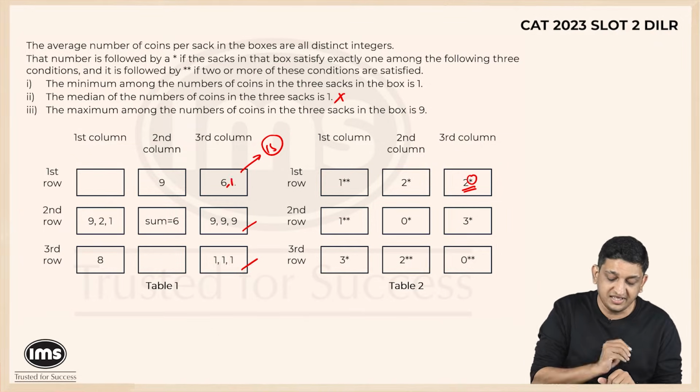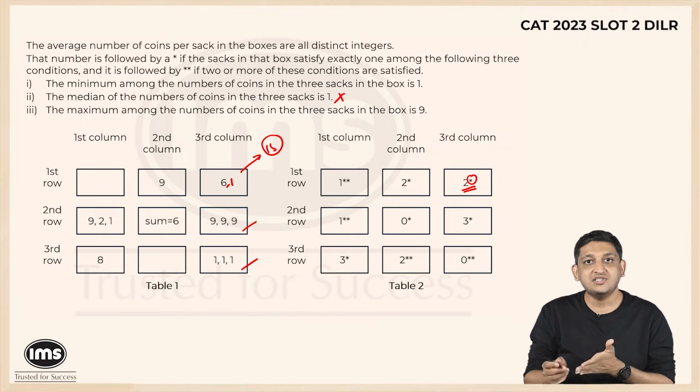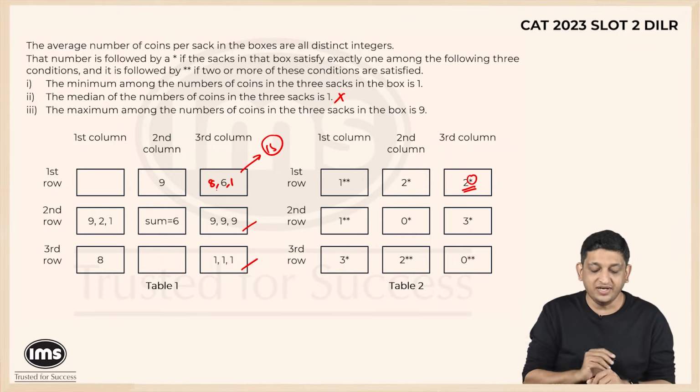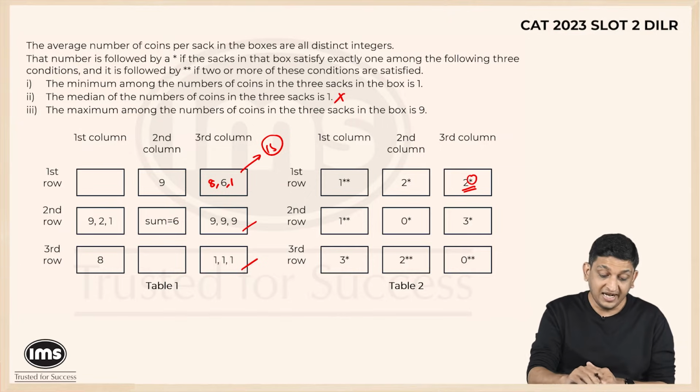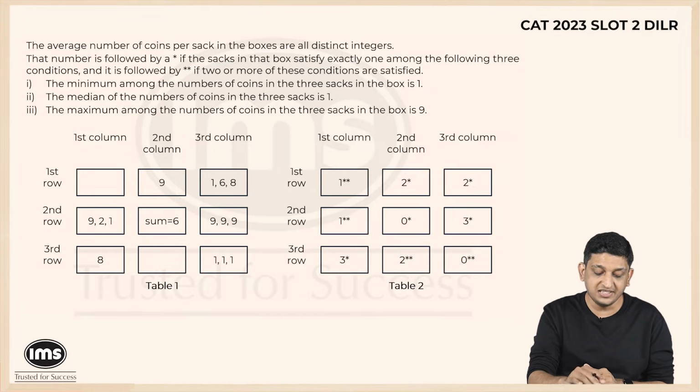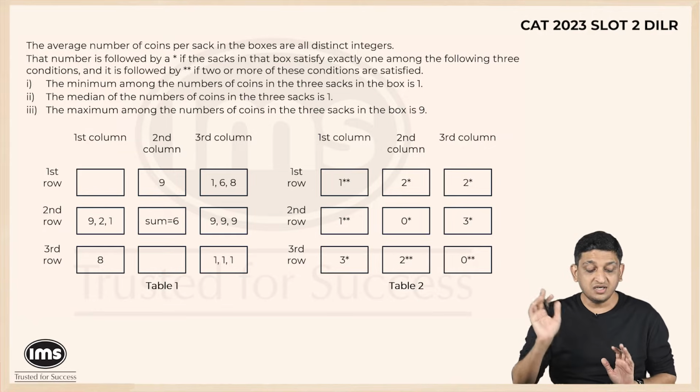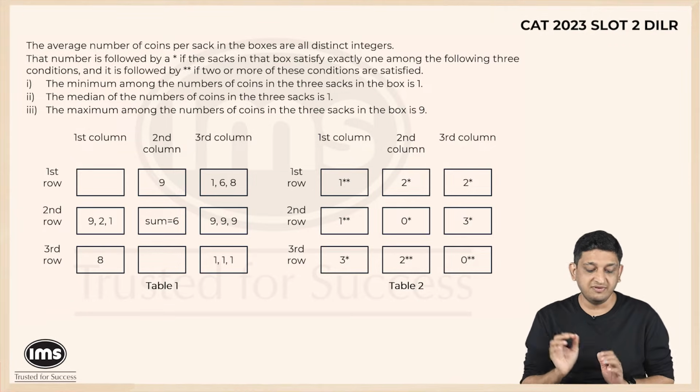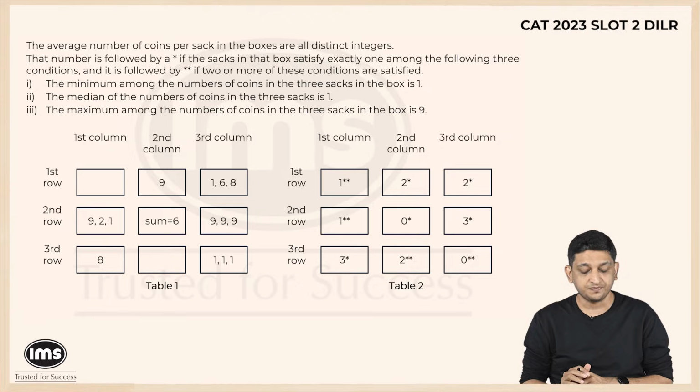It has to be something, 6, 1. What 6, 1? It has to be 8, 6, 1 for the total to be equal to 15. And that is why we will get 8, 6, 1 as the configuration of the third column and the first row. That box will have 1, 6, 8 as the configuration.